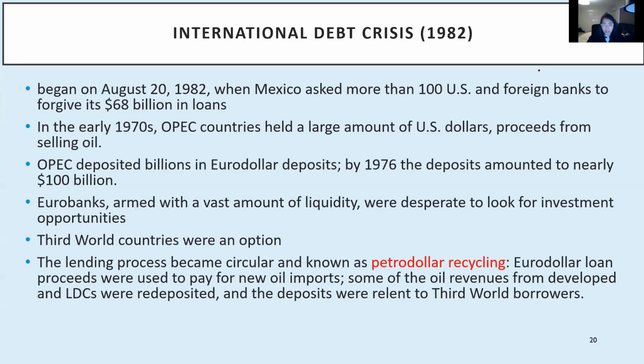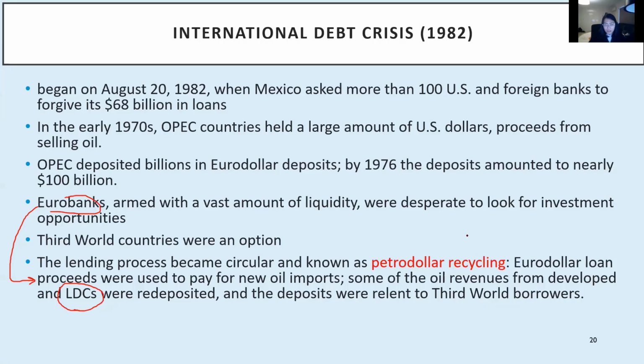So it got to a point where this process was called the petrodollar recycling, in the sense that these banks, the Euro banks, invested in the third world countries, the Latin American countries, who in turn used this money to further buy oil.